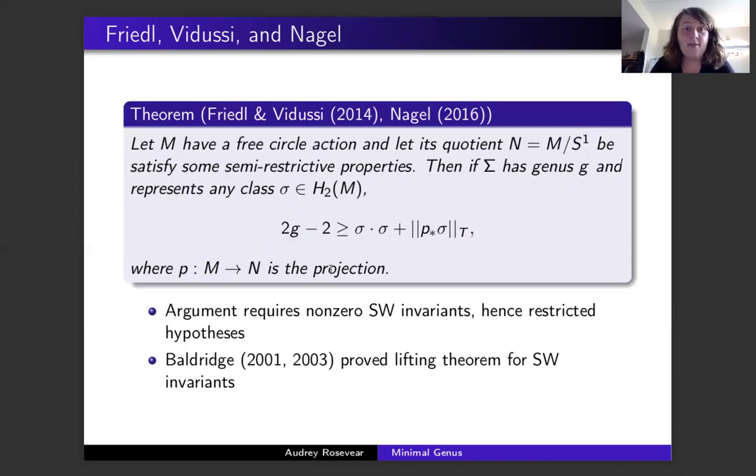And so this is a very powerful theorem for any manifolds that you can use it for. The argument is very different from Kronheimer's. It requires non-zero Seiberg-Witten invariants, which is why the restricted hypotheses. And for certain Seiberg-Witten invariants, because you can define them on three-manifolds as well, you can lift them up to four dimensions using a theorem of Baldridge. After some topological fiddling, you can obtain this result.